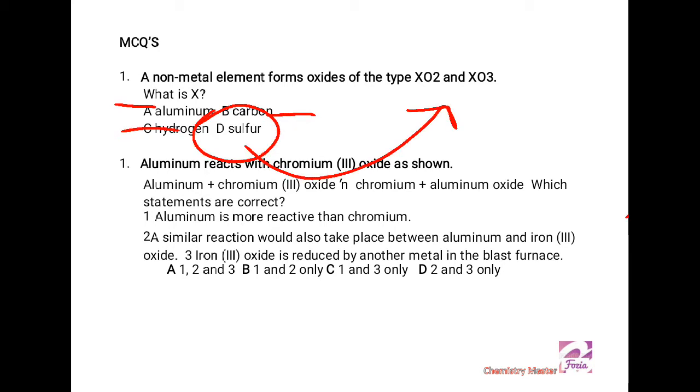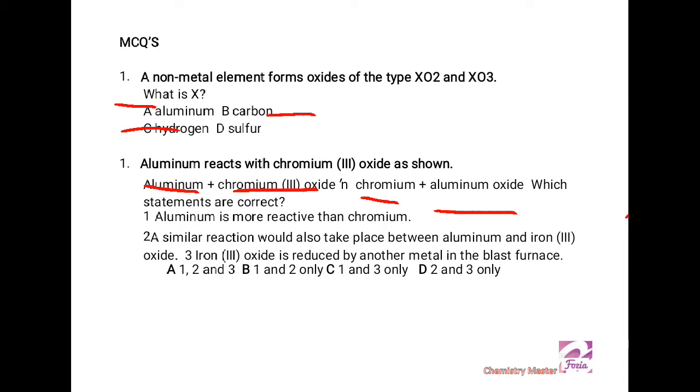The next MCQ is, aluminium reacts with chromium oxide as shown. Like the word equation, aluminium plus chromium oxide giving chromium and aluminium oxide. Now we can see what are the relative positions of aluminium and chromium.